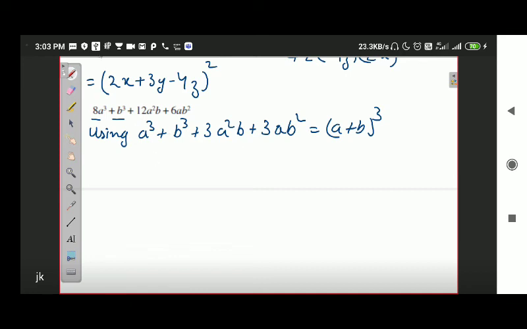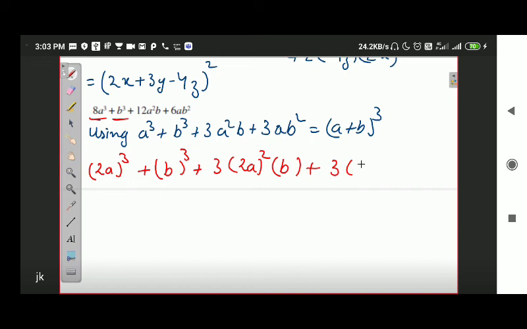So first of all, we are going to rewrite them in the form of whole cubes. This will be (2a) cube plus b cube plus 3 into first term, that was (2a) square into b, and for the second term, 3 into a is the first term, that is 2a, and b is the second term, that is b square. Okay, so this will be (2a + b) whole cube.